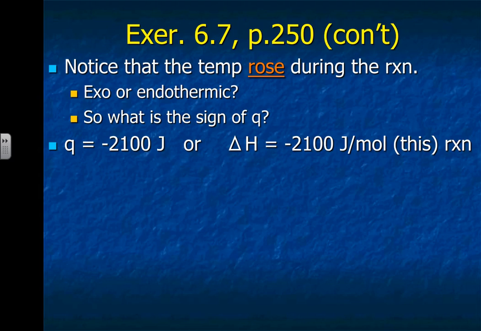And this is where I tend to get people that get really upset with me, especially math people, because we calculated this and we didn't get negative. We got positive. Yeah, I realize that. But this negative, just really listen, just go with me here, promise. This negative is not a mathematical negative, it's a descriptive negative. What that negative is telling me is that the equation was run and that it was exothermic.